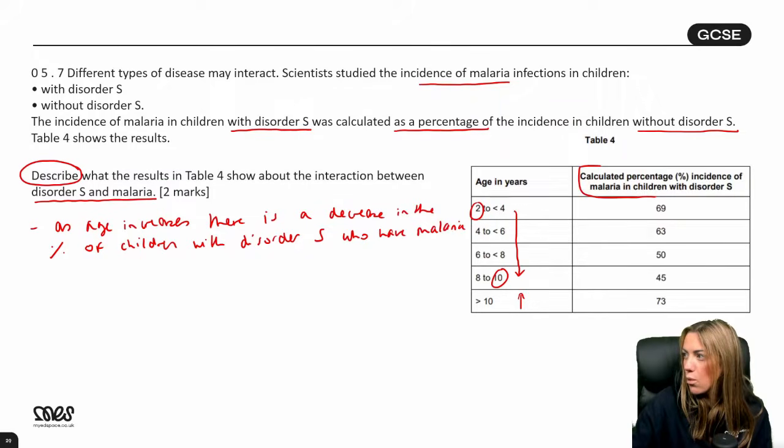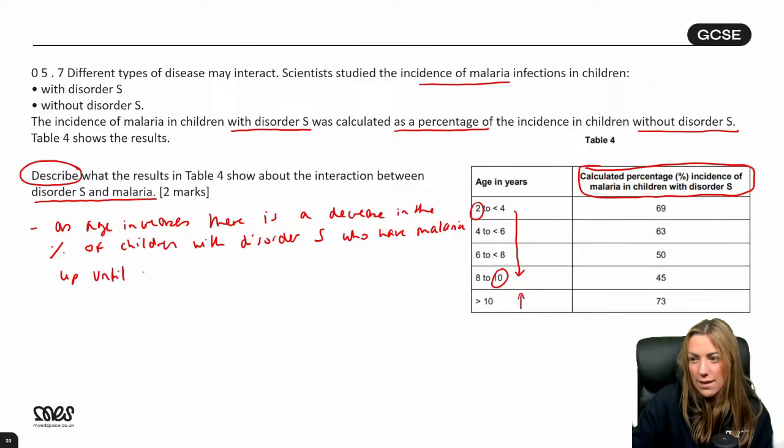I'm just using the kind of words in the top of the table there. So as age increases up to the age of 10, by the looks of it, the calculated percentage incidence of malaria in children with disorder S is decreasing. So as age increases, there is a decrease in the percentage of children with disorder S who have malaria. That's fine. Up until age 10.